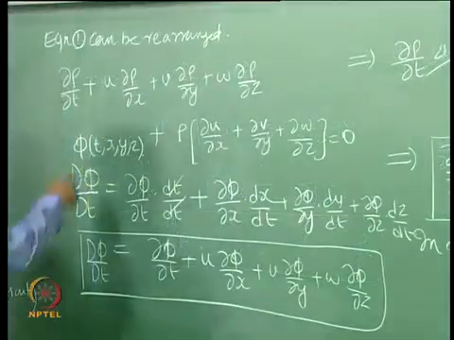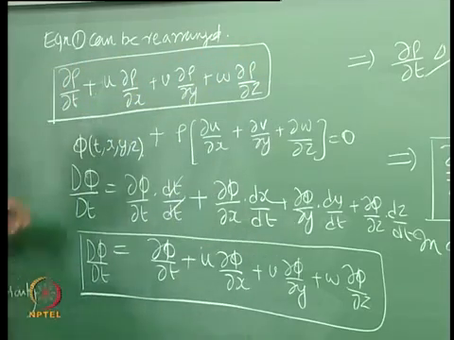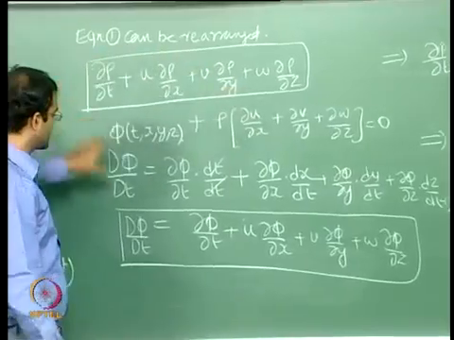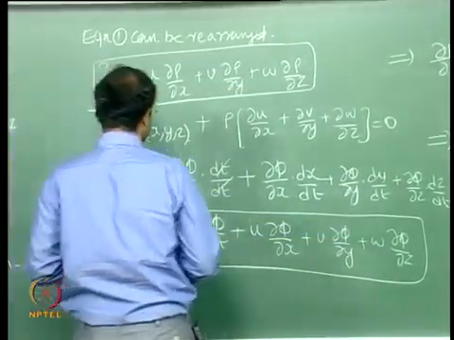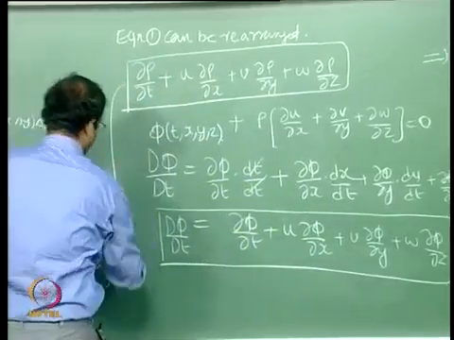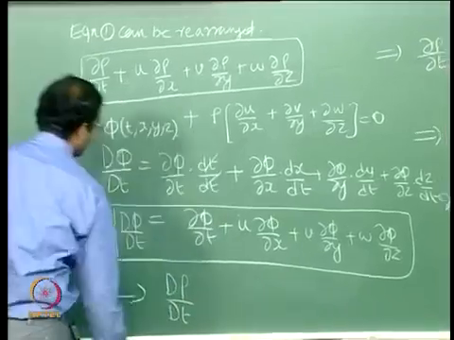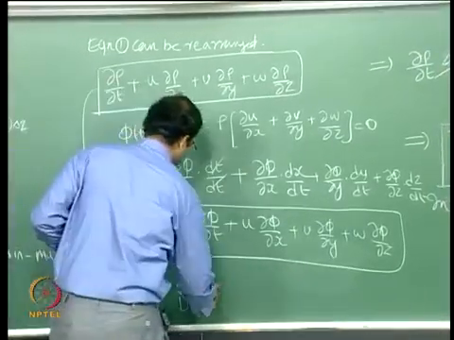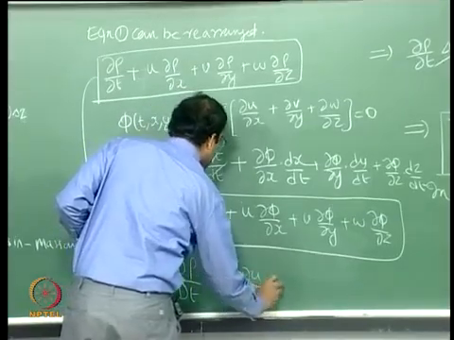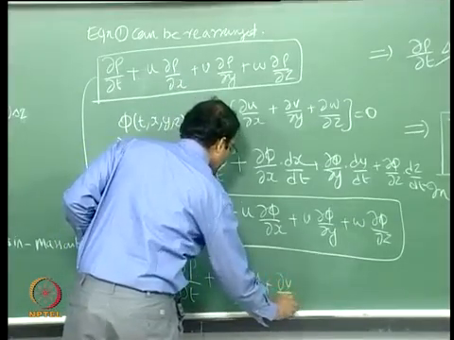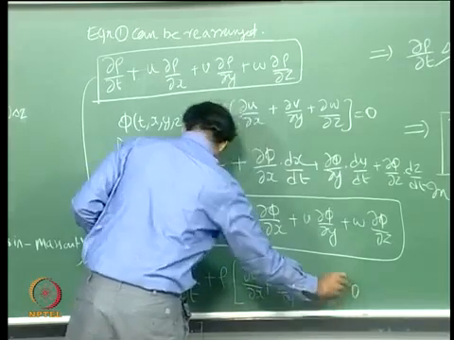And if you look at this particular form here, instead of phi we have rho, and the other terms are similar to the terms here, and therefore we can write this equation as d rho by dt, that is the total derivative of density, plus rho times du by dx plus dv by dy plus dw by dz, which is equal to 0.